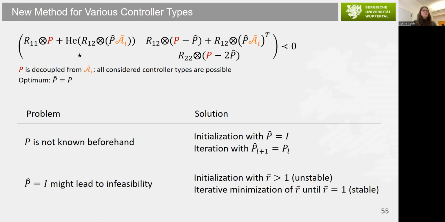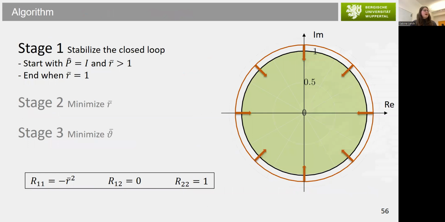Now I want to demonstrate this full algorithm to maximize the damping. So it can be parted in 3 stages. As already said, we need to start with an unstable solution because of this initialization. So on the right side, you can see the green area, which is the stable area.